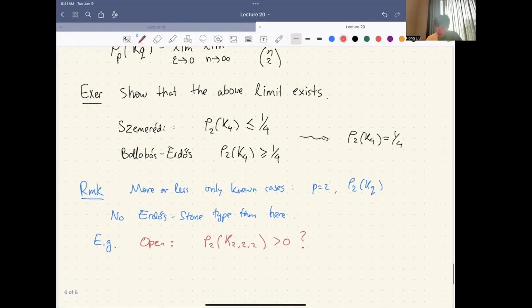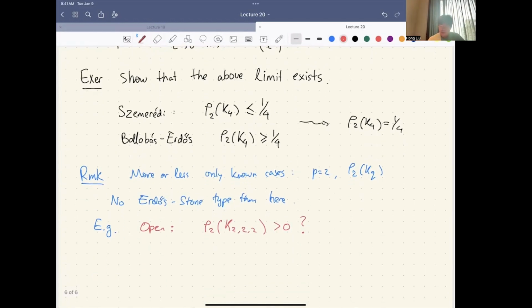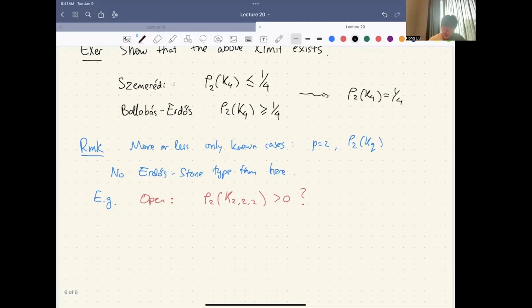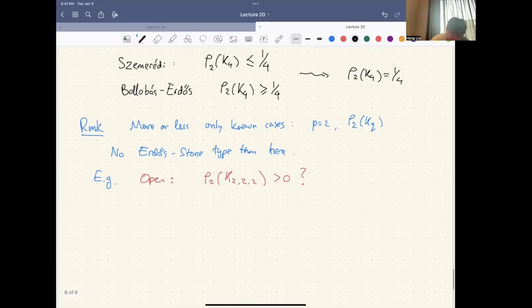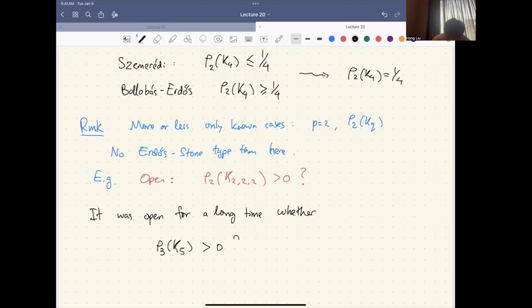So for a long while, this was the only case known, and also for a long while it was open whether the next smallest case, rho_3(K5), is positive or not.